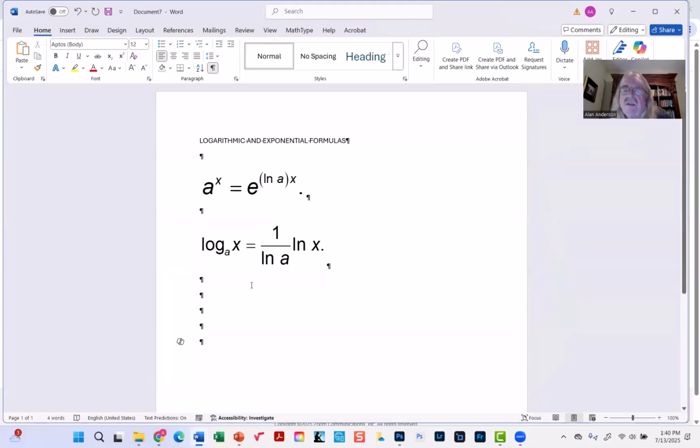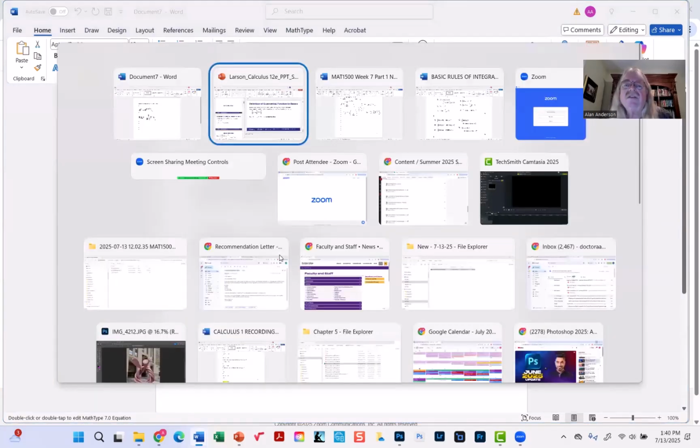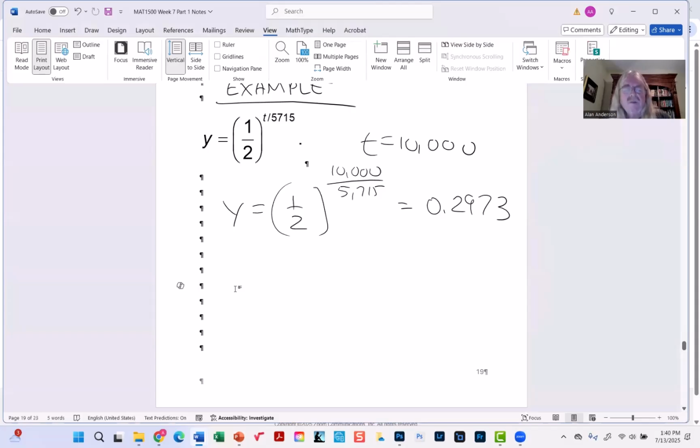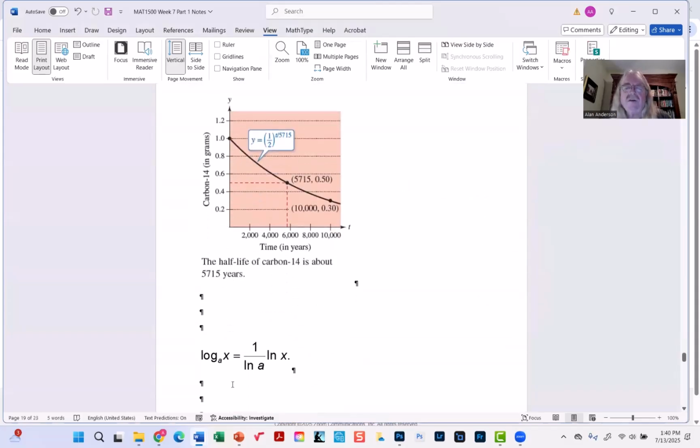Now, by the way, what's interesting about this definition is that it's very helpful when you're using your calculator to solve for logs with bases that are not on the calculator. In other words, the calculator only has base 10 and base e. What do you do about the other ones? Well, this formula will help you do that. Let me just show you a quick example. The reason why this is so helpful, among many other reasons, is because it lets us calculate logs where the base is not actually on the calculator.